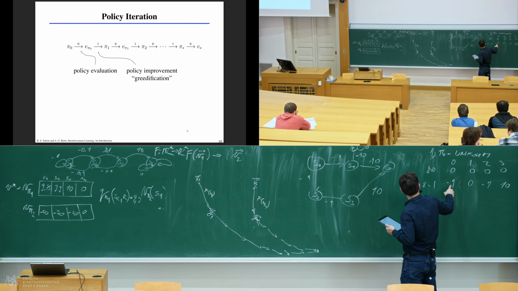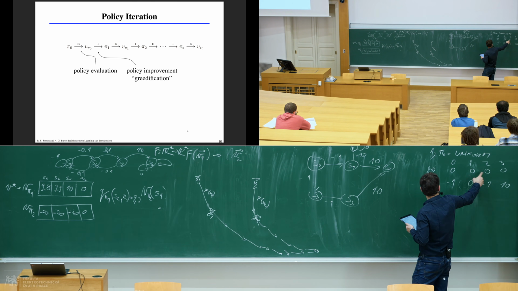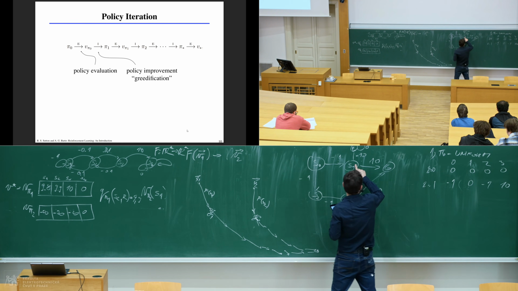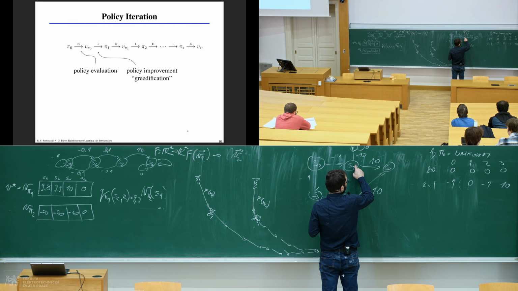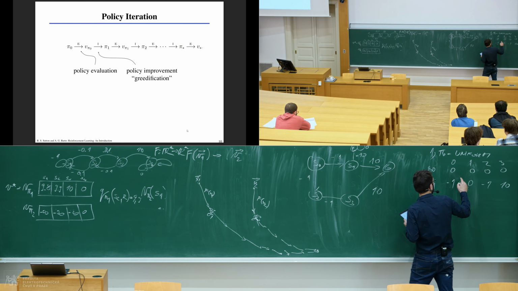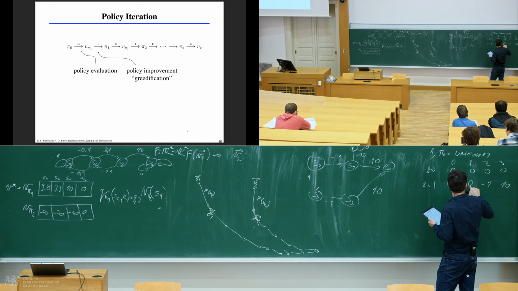So we'll pay -1 and get to either 1 or 2, which are 0. From 1, we will either go here and get -10 or go here and get +10. So on average, we'll just get 0. And here we have 0, and here we have 0 initialization. So it's 0.